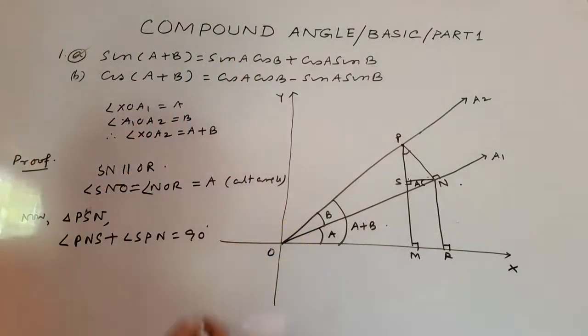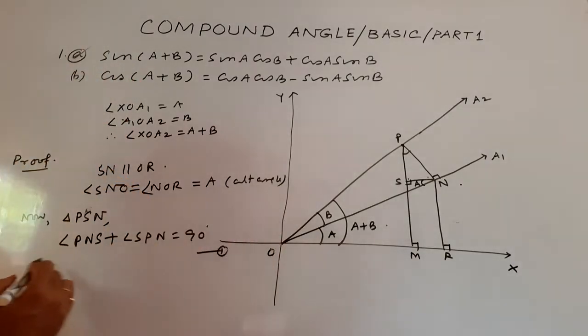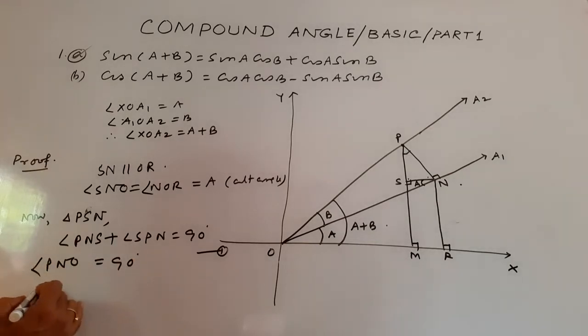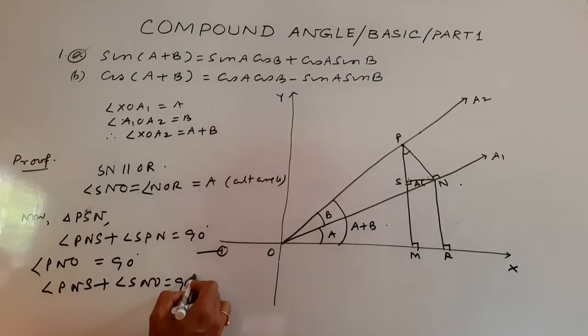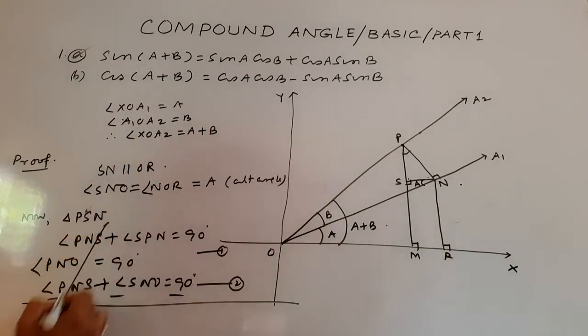Now call it 1. By construction, angle PNO equals 90 degrees. So this equals PNS plus SNO equals 90. Call it 2. Then subtract. So PNS is cancelled.